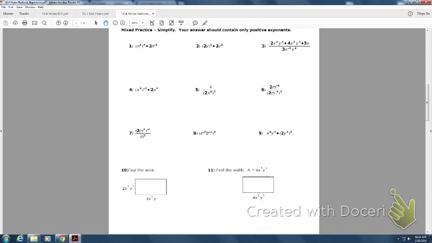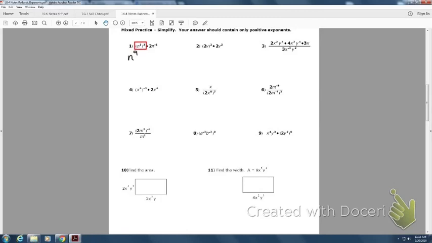Okay, so looking at the first one. Again, if I ever have parentheses, I'm going to deal with that first. So what property, Ayla, what property is this going to be? Or you can just tell me what it's going to end up being. It will be n to the power of 9.